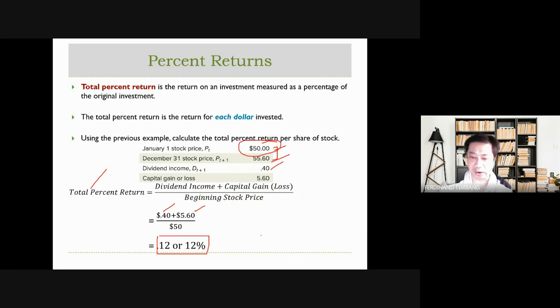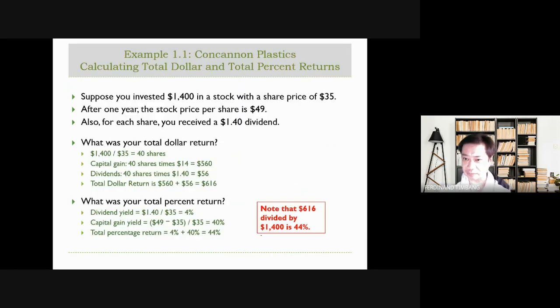Okay? Now if you want to get the breakdown, iba na namang example ito. So let's say meron tayong 1,400 na in-invest sa stock and the share price was 35. Then it went up to 49. And then you receive also 1.40 dividend. So yung capital gain natin is actually 49 minus 35, which is 14.